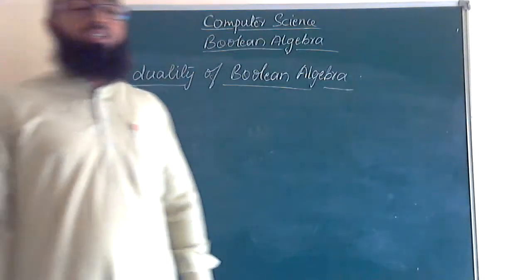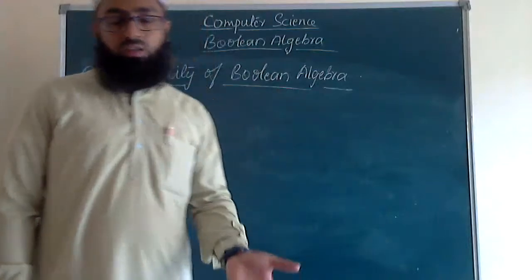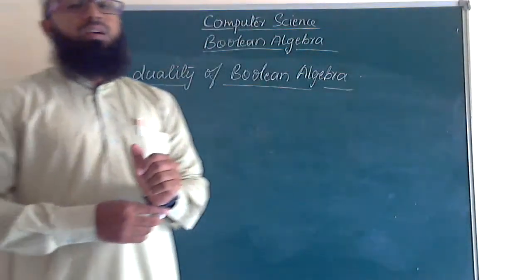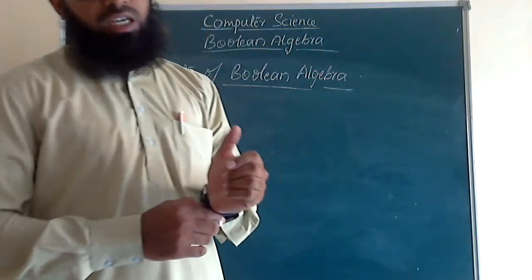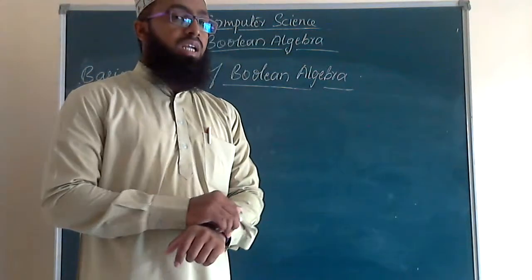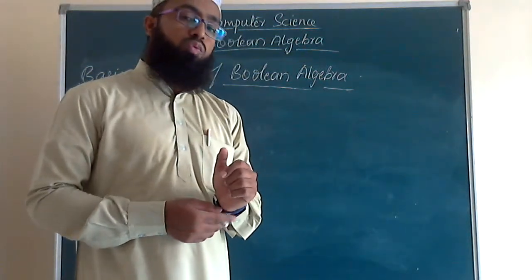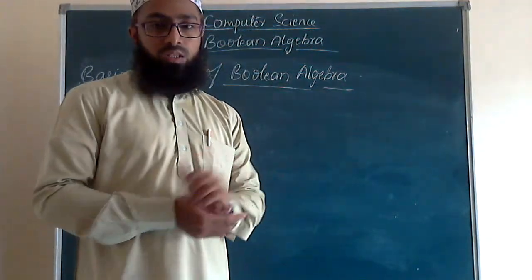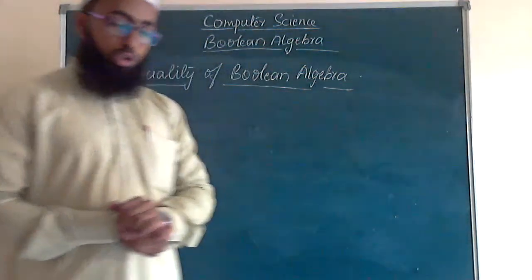Change every AND sign to OR sign and every OR sign to AND sign. Then change every 0 to 1 and every 1 to 0. This is the principle of duality.